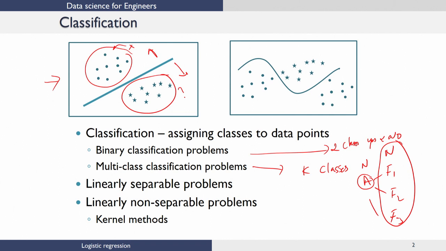However, I also have a picture on the right hand side. This also turns out to be a binary classification problem. However, if you look at this data, this data and this data both belong to class 1 and this data belongs to class 2.